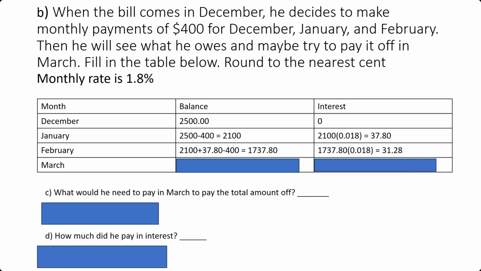The interest, you only pay it on that February balance, 1737.80. So did you get 31.28? That means in March, we take that 1737.80 plus the interest, 31.28, and he made a $400 payment, so we subtract that. 1369.08.